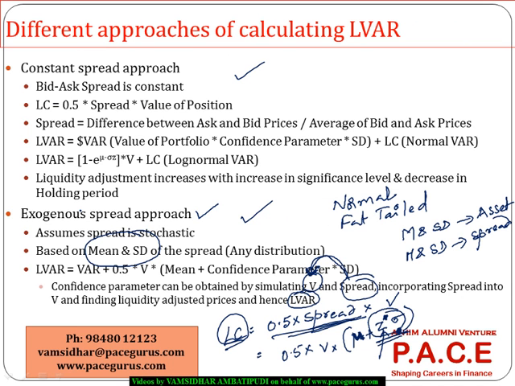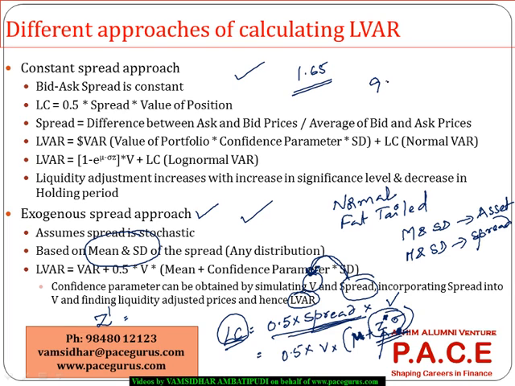In general, people take Z dash as an estimated parameter. It's not a confidence parameter associated with 95% or 99%, because here the distribution need not be normal, so I cannot take 1.65.